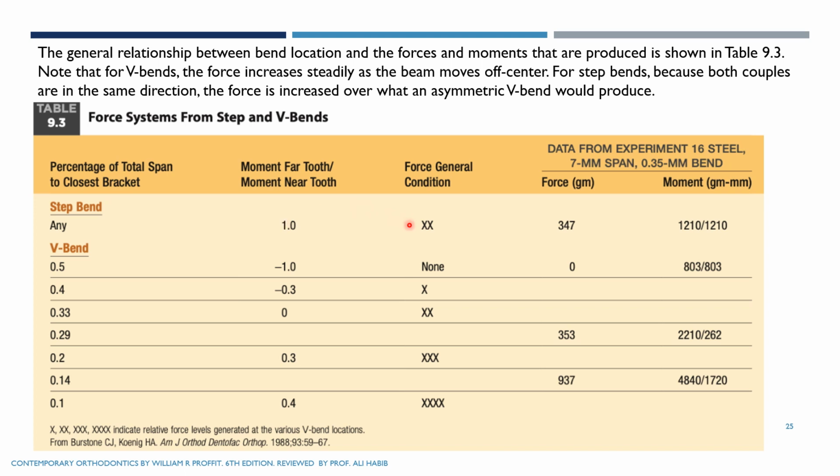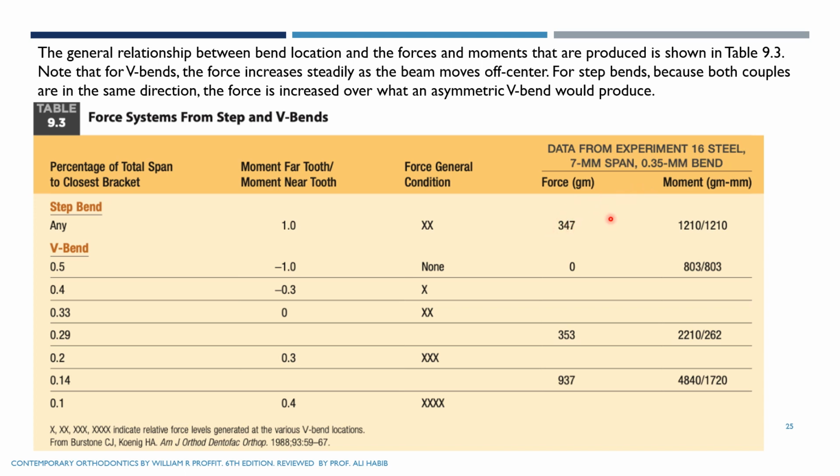The force generated was similar to the V-bend when it started to become asymmetric. The force felt by the two teeth from the 0.35 millimeter bend was around 347, which is a lot.